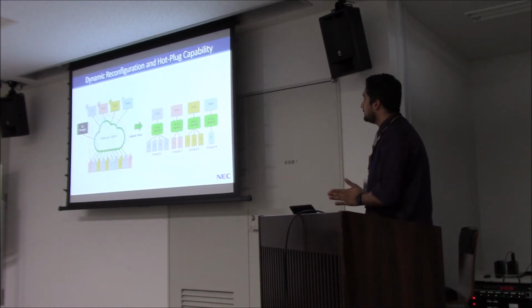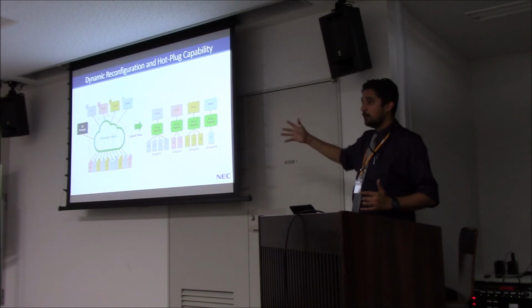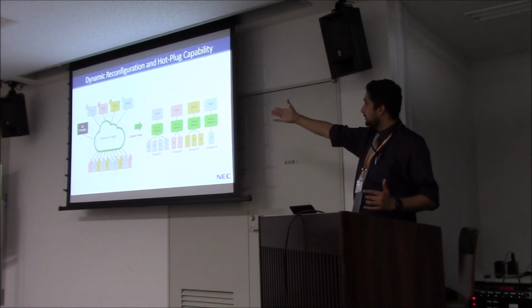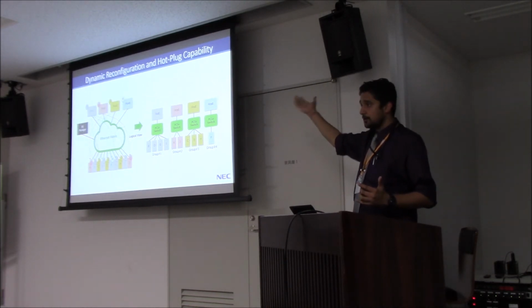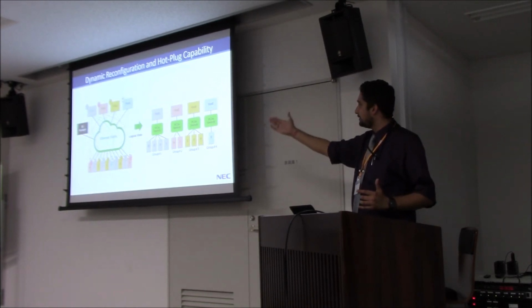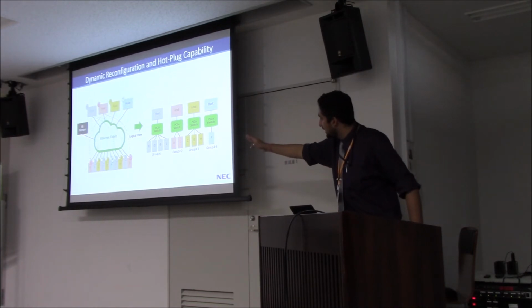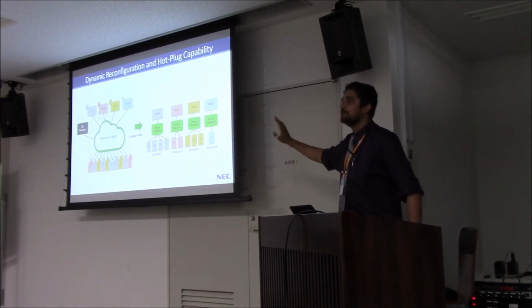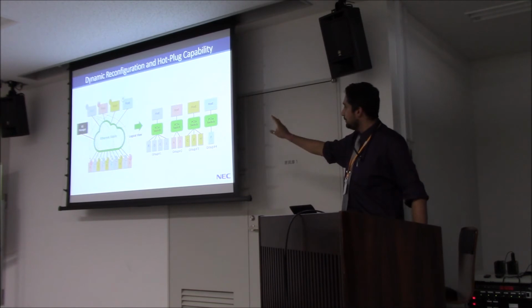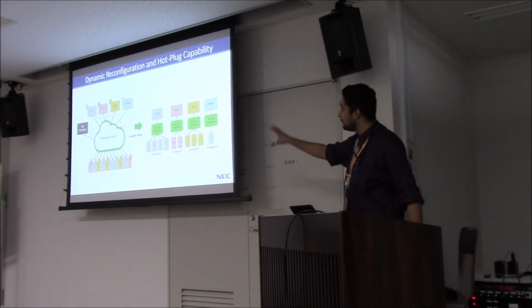Now, another part is the dynamic reconfiguration and the hot plug capability. On the left is the view of ExpEther. On the top, you see there are 4 hosts. They're looking to access these IOs on the bottom through the Ethernet fabric. These IOs can be reallocated or allocated to different hosts on the fly. It can be done using the ExpEther Manager software, which sits on the same network.